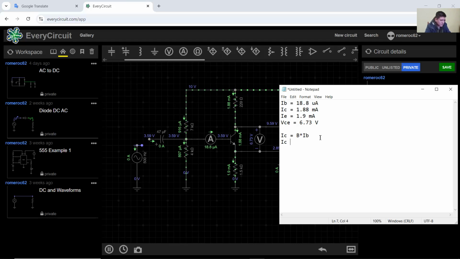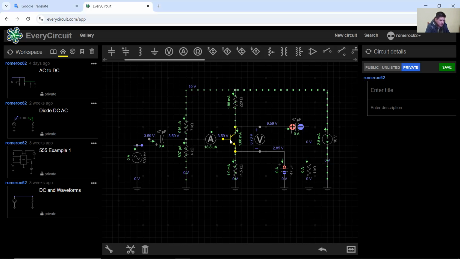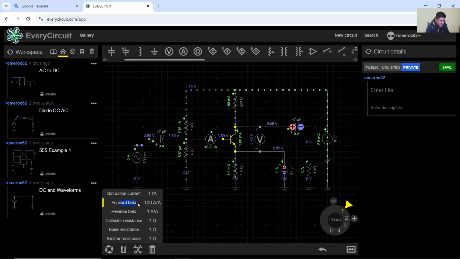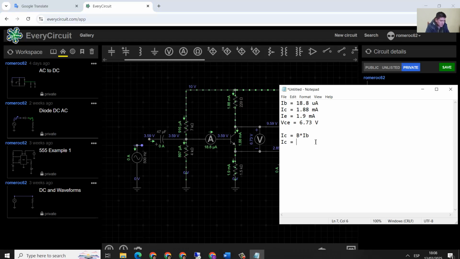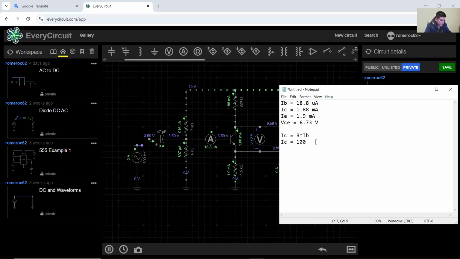So current in the collector, select the transistor and adjust forward beta 100. 100 times the current in the base is this.